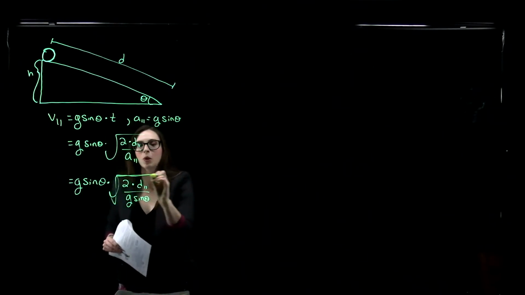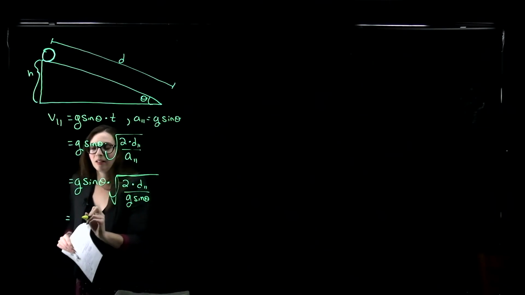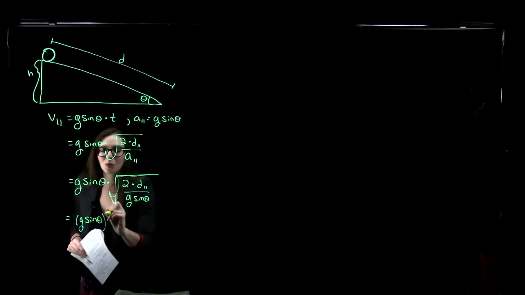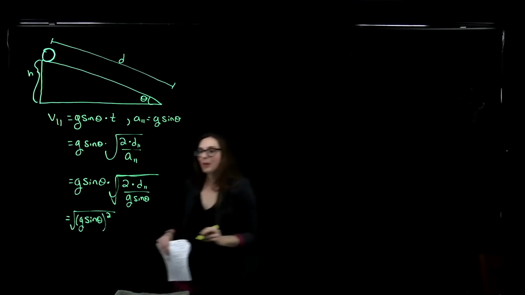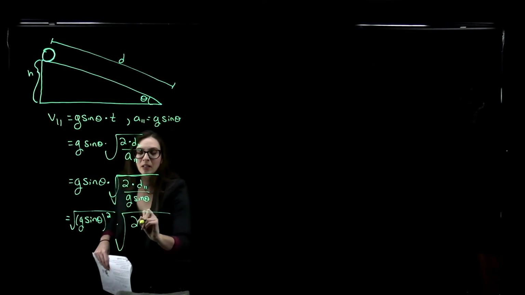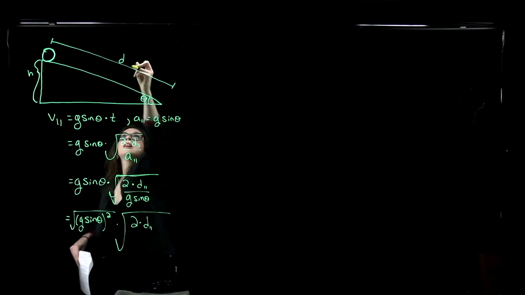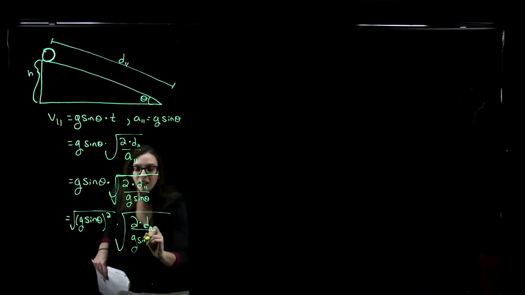I can always write g sine theta as the square root of g sine theta squared, because when you take the square root of something that's squared, you get that number back again. Then we multiply it by the square root of 2 times our distance parallel, along the incline, divided by g sine theta.